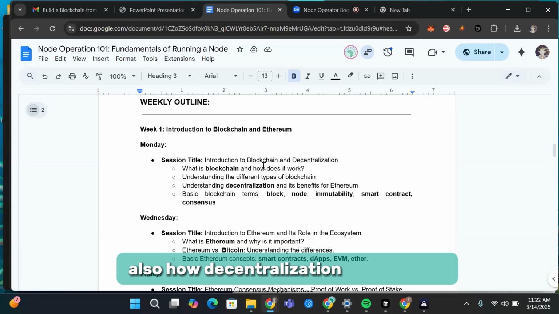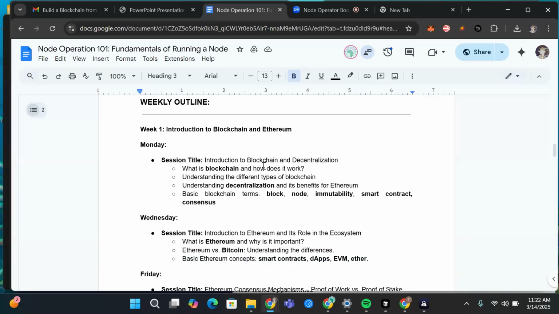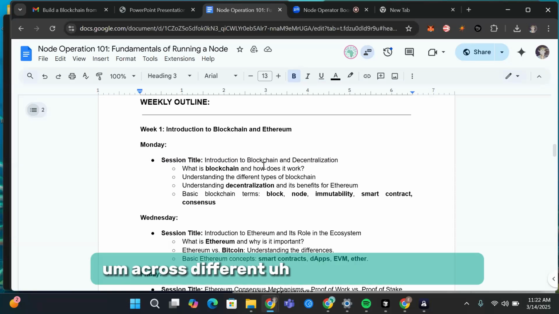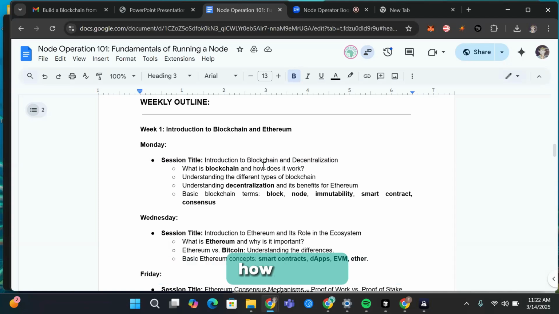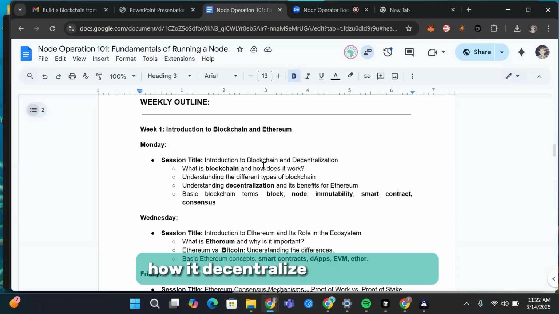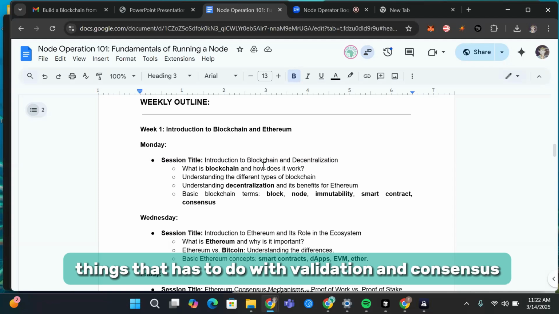also how decentralization is important, and how it is specifically important for Ethereum, and how validator nodes make this possible, how distributing your validators across different geographical locations tends to eliminate a single source of power, how it decentralizes or spreads things that have to do with validation and consensus.